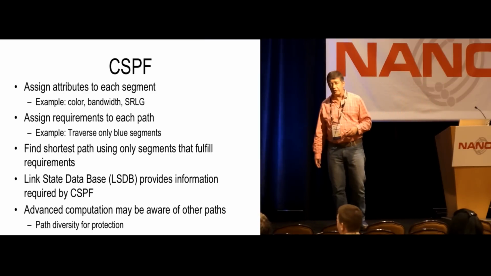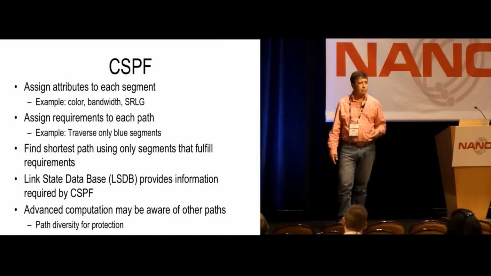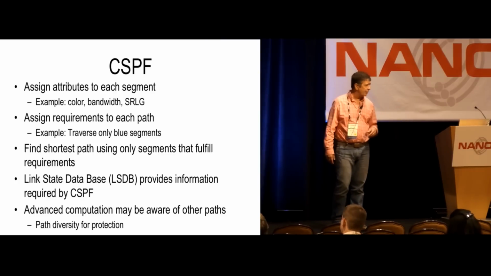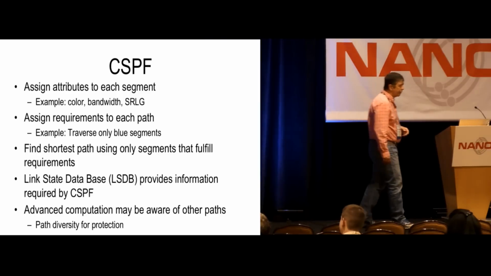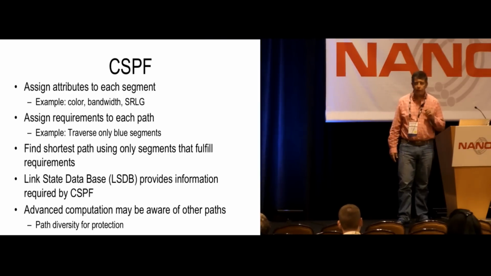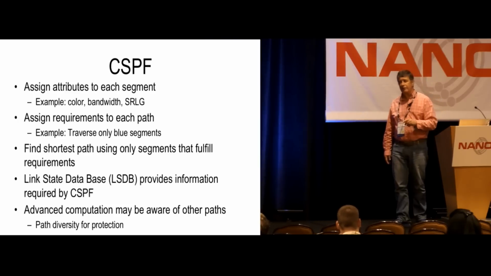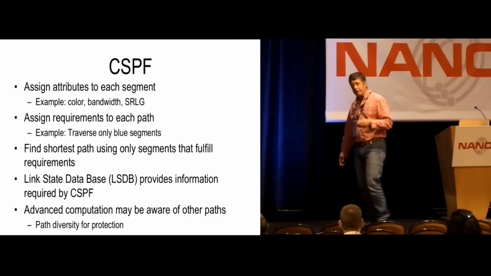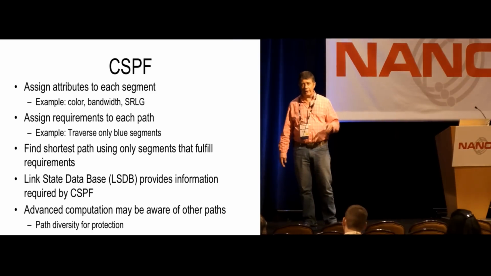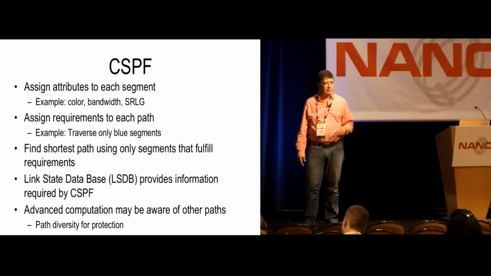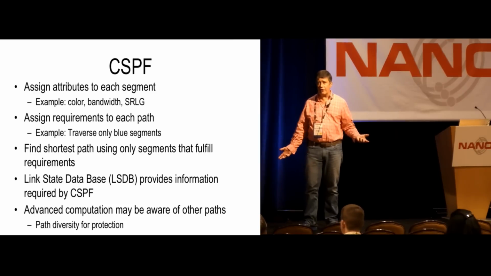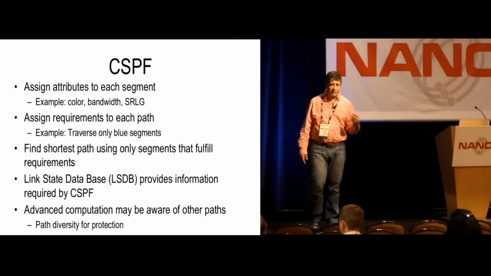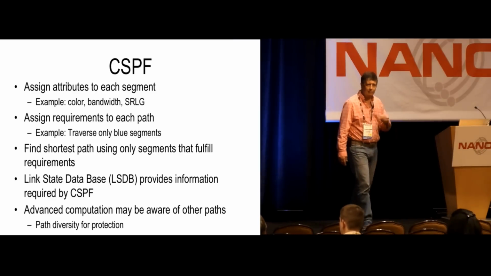Say this path has to go from here to there, it can only traverse blue links, and it's going to reserve 100 megabits of bandwidth. Then you calculate the IGP shortest path from ingress to egress using only the links that satisfy the requirement. So let's say your requirement was to traverse blue links only. You prune every link that isn't blue out of your link state database. You find the IGP shortest path, and that's it. And you've calculated it. Then you find the segments that go there.